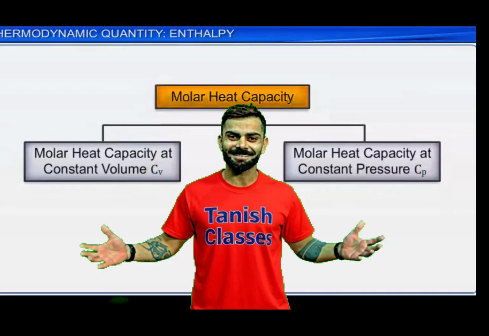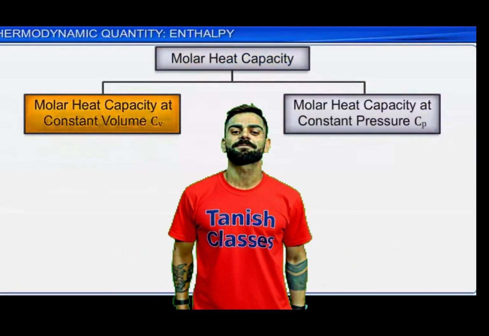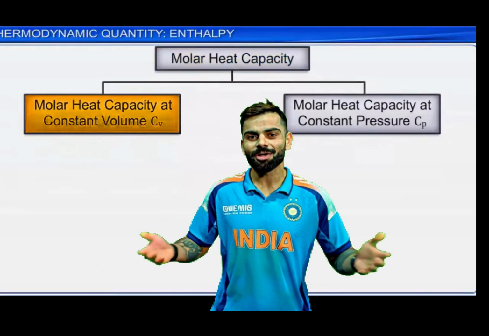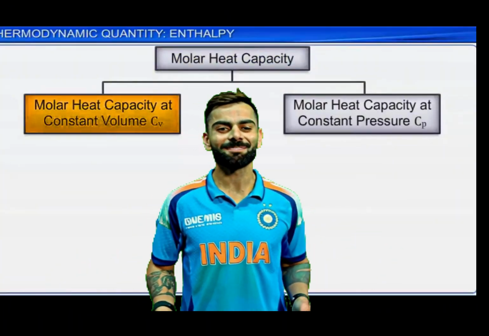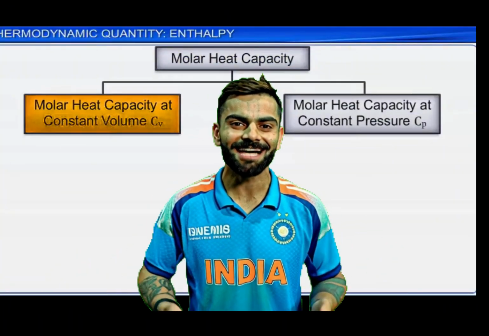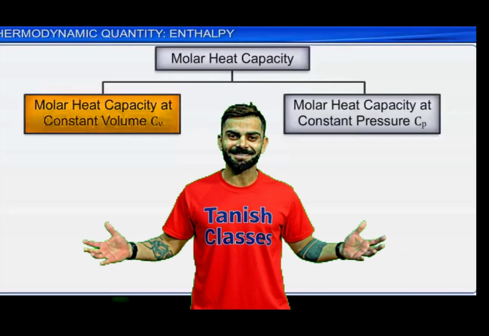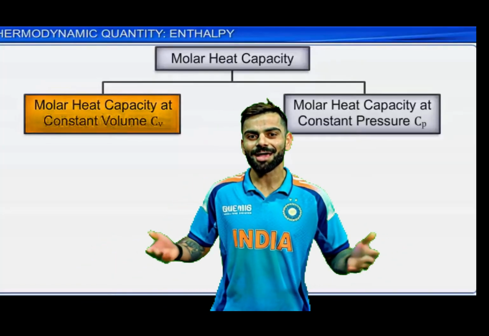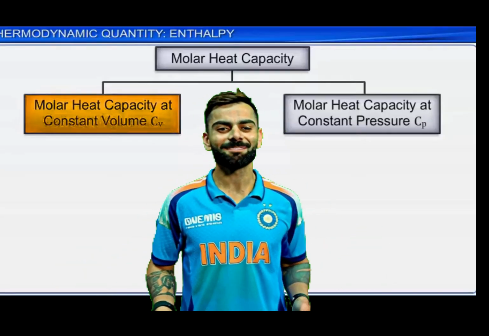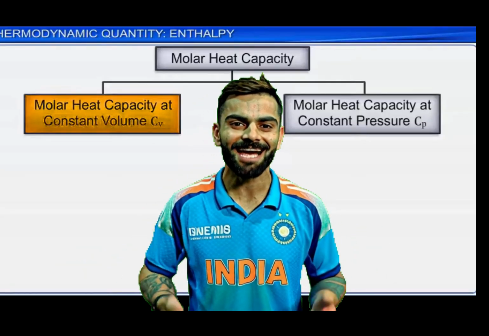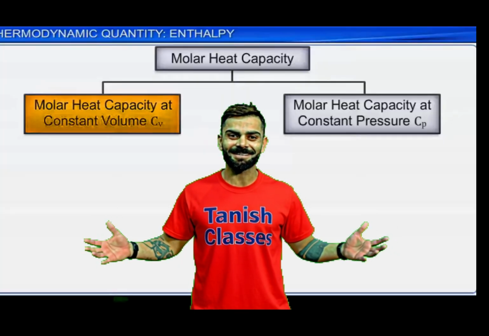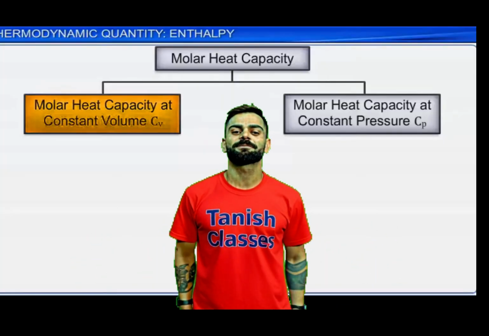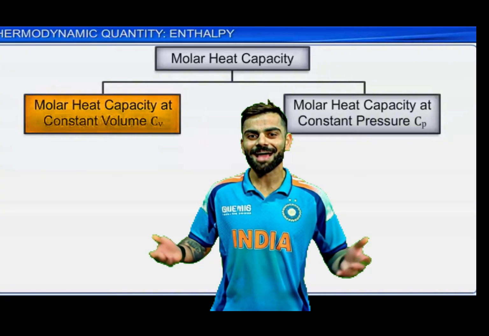We learnt that the equation for heat Q is the product of heat capacity and change in temperature delta T. Therefore, at constant volume, heat qV equals the product of heat capacity at constant volume Cv and change in temperature delta T. But the heat absorbed at constant volume is equal to change in internal energy.